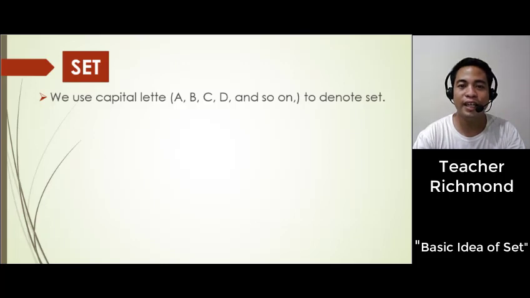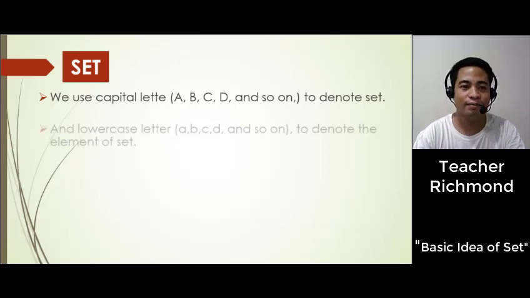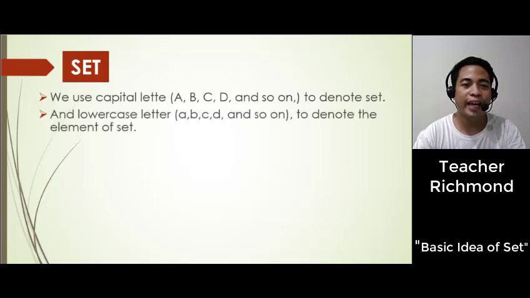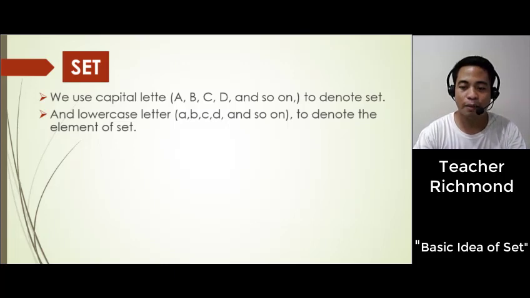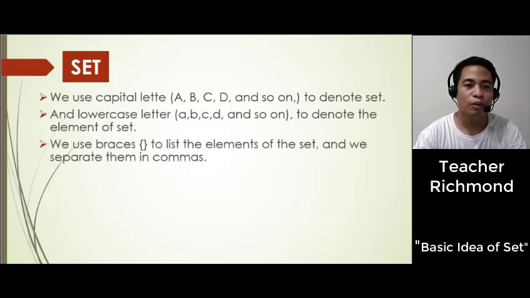Example: A, B, C, D, and so on, or set A, set B, set C, set E. And we use lowercase letters to denote the elements of a set, meaning the members of that set, represented by small letters. And we use braces to list the elements of a set and to separate them by commas.